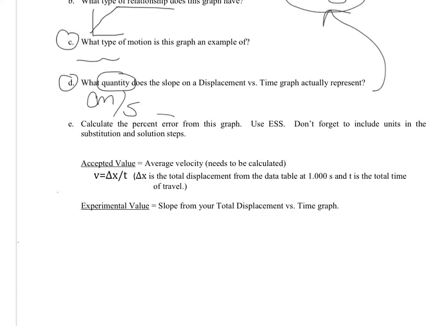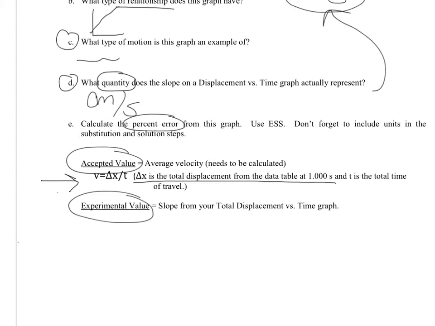In order to find the percent error, though, you need the accepted value and the experimental value. To find the accepted value, it says right here how to find it. Use the total displacement from your data table at 1 second, and t is the total time of travel. Plug into this equation. For your experimental value, use the slope that you just found from your graph.